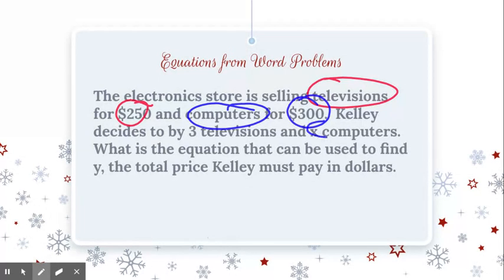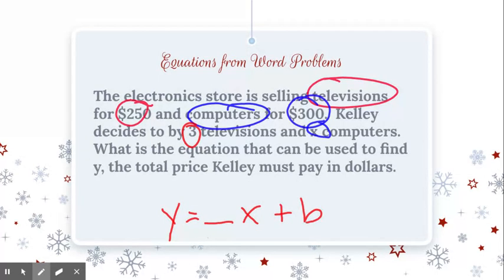So x computers, but 3 televisions. So I colored them so we can see what's going on. What is the equation that can be used to find y, the total price Kelly must pay in dollars? Okay, so y is going to be the total price. So it's always going to look like this: y equals mx plus b. Okay, so that's what we want to do.